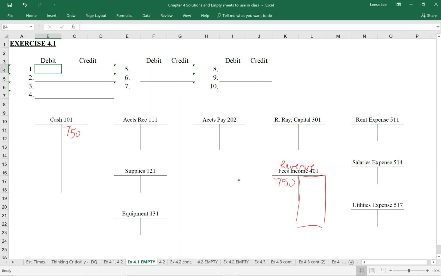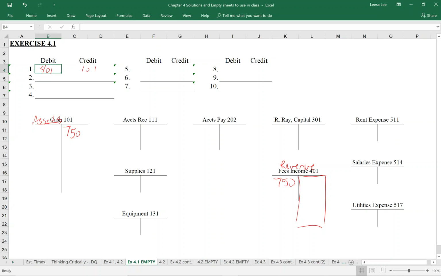So the normal side of the revenue account is the credit side. The normal side of the cash account, the balance is on the debit side. But we do use both sides of the cash account for sure, right? So the answer to this question is 401 and 101 for which accounts were debited and credited.